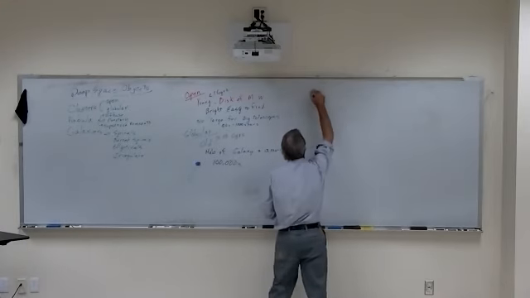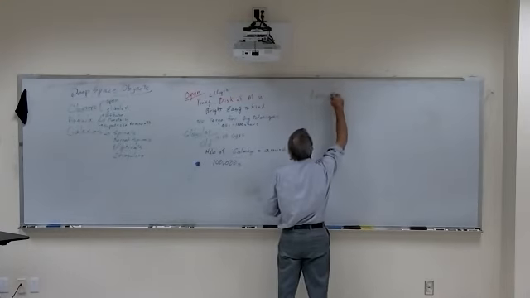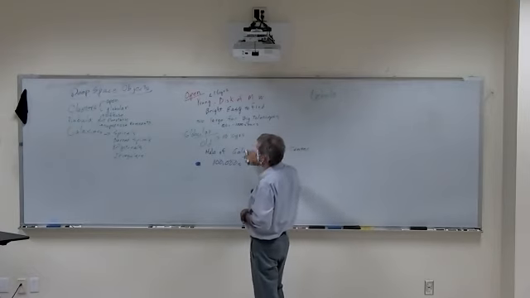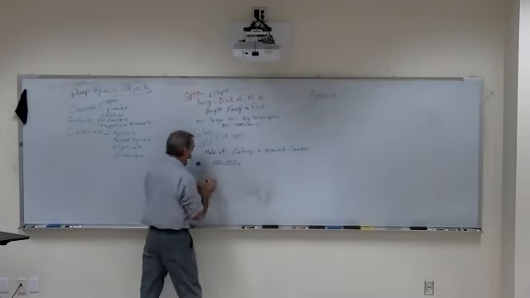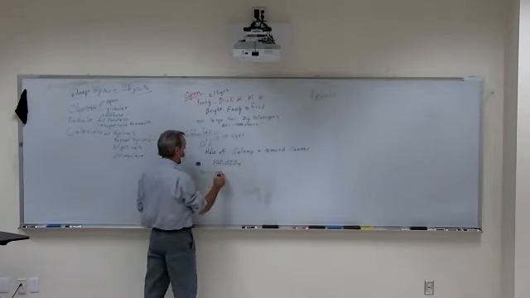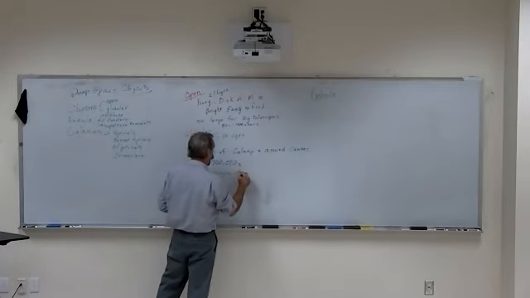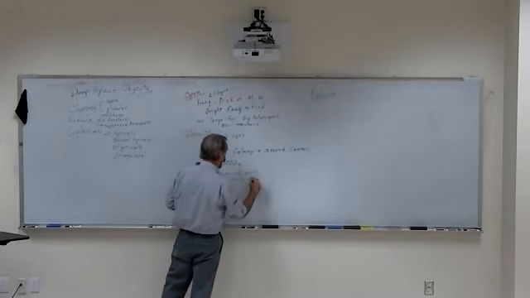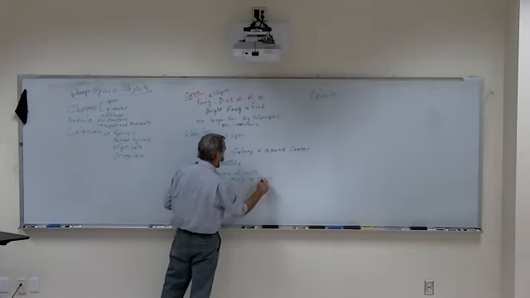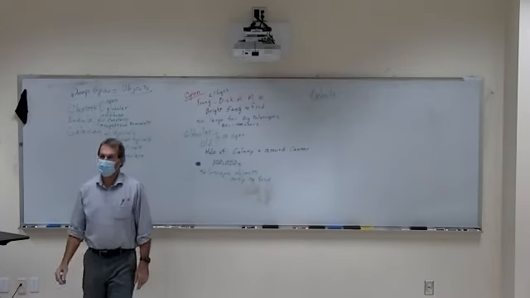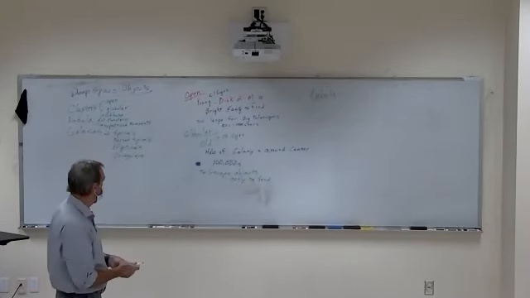All right, nebula. These are also really good telescope objects, globular clusters. They're easy to find, easy to distinguish, good things to look at.